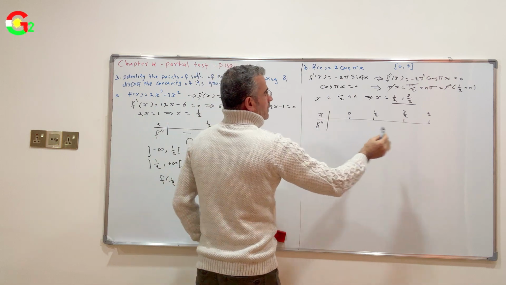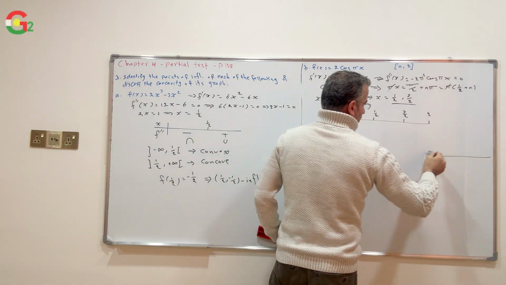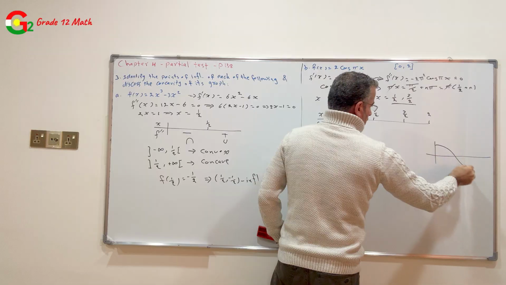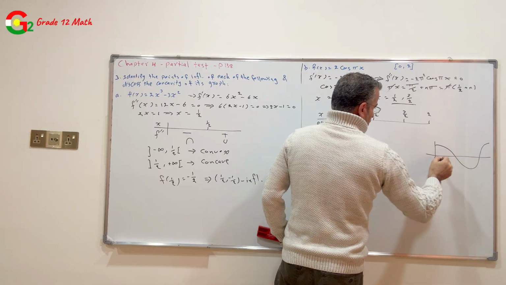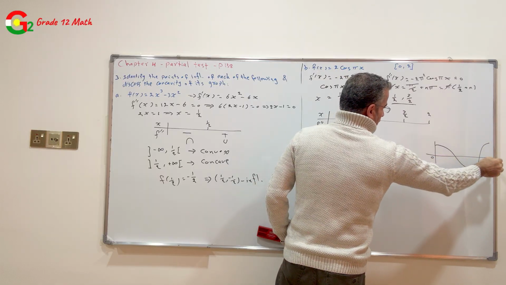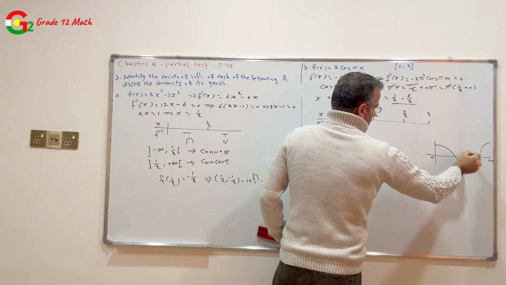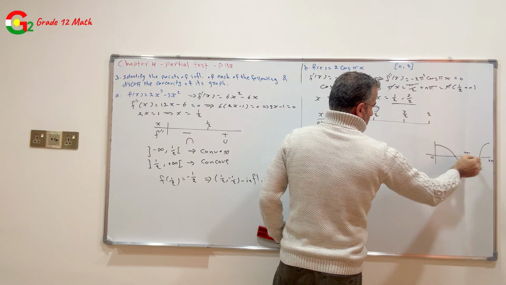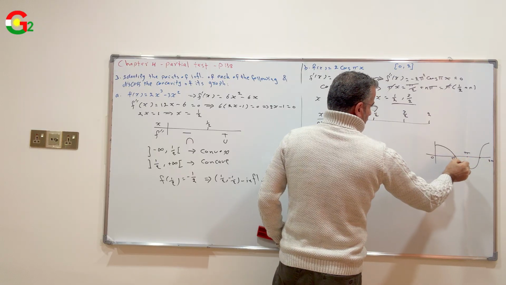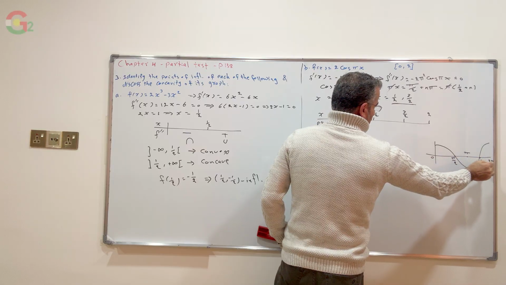Now, this is the graph of cosine from 0 to 2 pi. In the middle, we have pi, and the zeros of cosine, pi over 2 and 3 pi over 2.